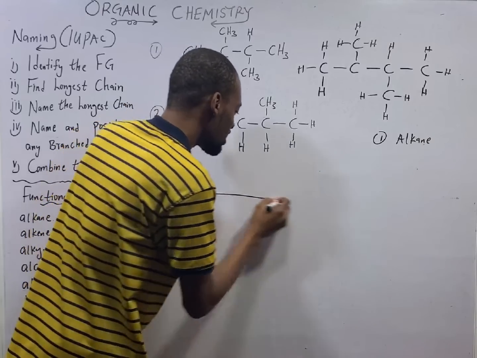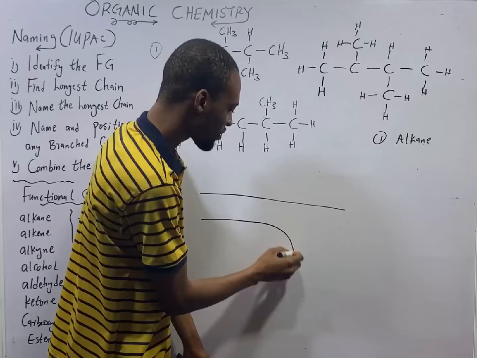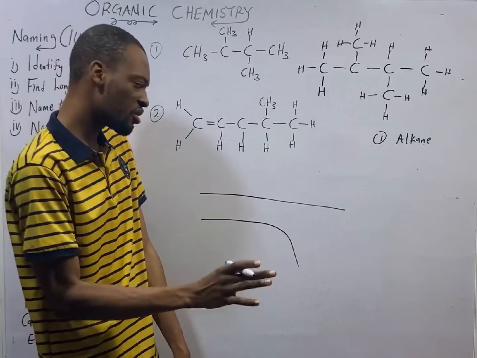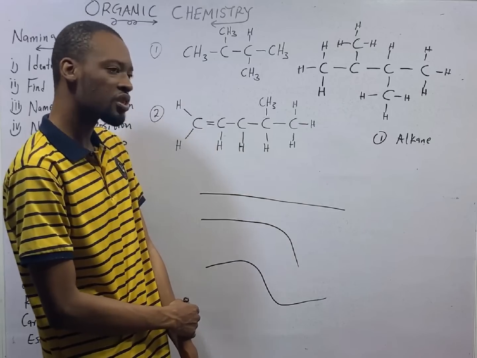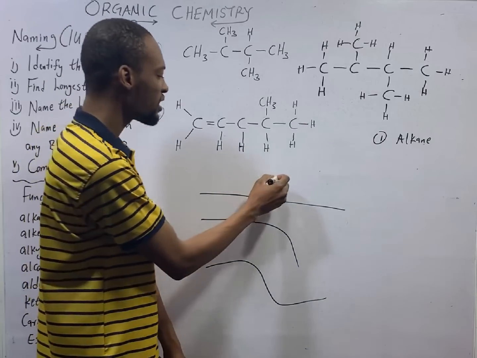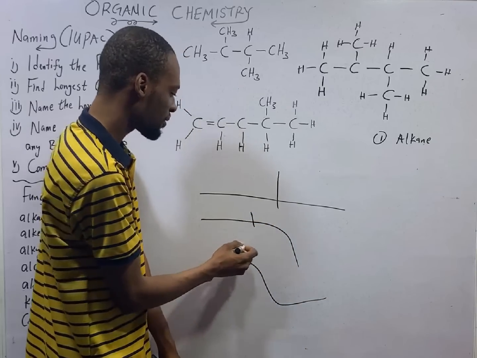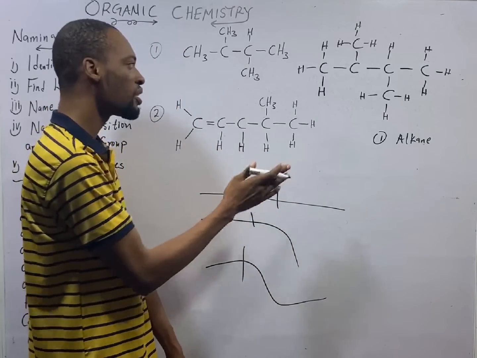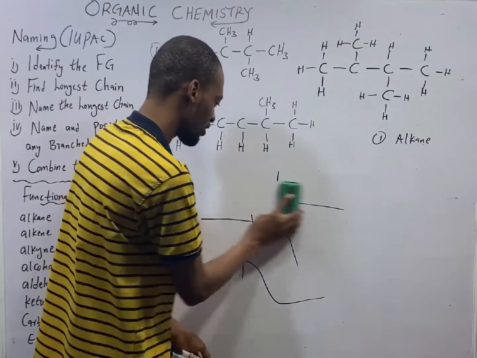If you have something like this, it is a continuous chain. If you have something like this, it is a continuous chain. But you should not have something like this, or something like this. No, it should not break on the way.